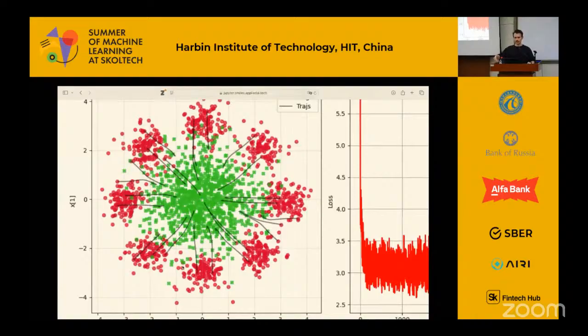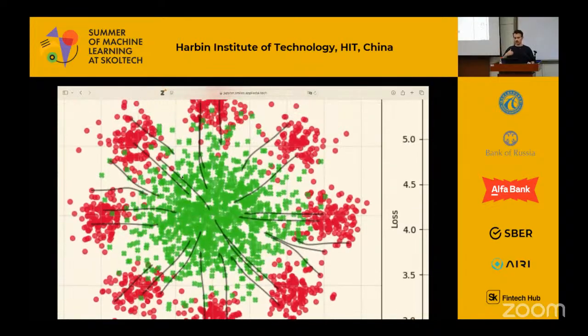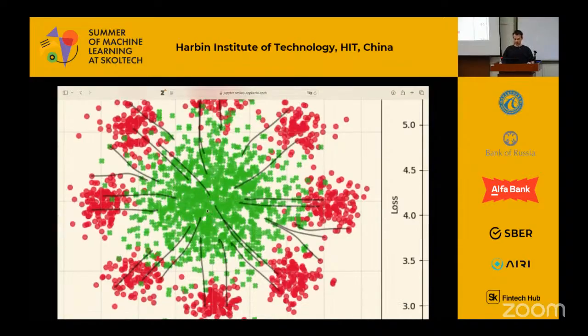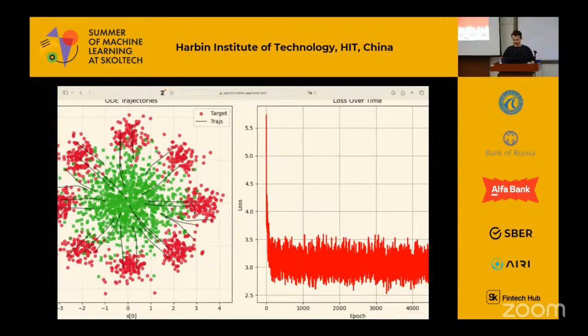And that means that you have to apply your neural network less, and this saves computational resources and time. So non-straight trajectories are bad, they require more computation, and straight trajectories are good, they require less computation and less time, which is great. And with flow matching, you always want something that is very similar to straight trajectories. Yeah, and we will work with straight trajectories further. We will take a look at straight trajectories today.